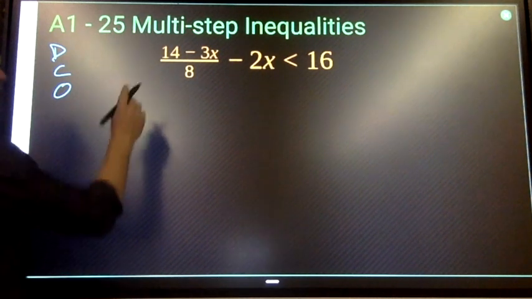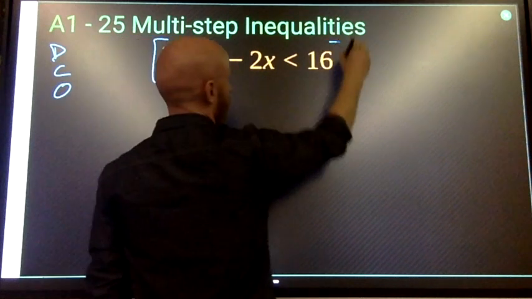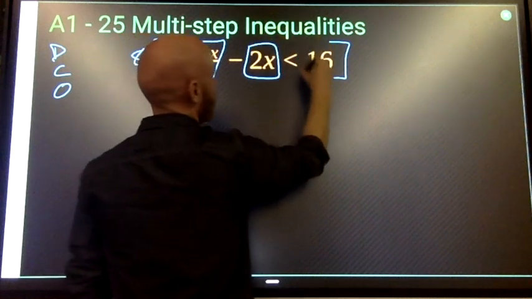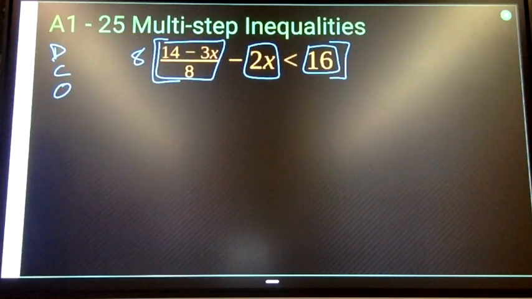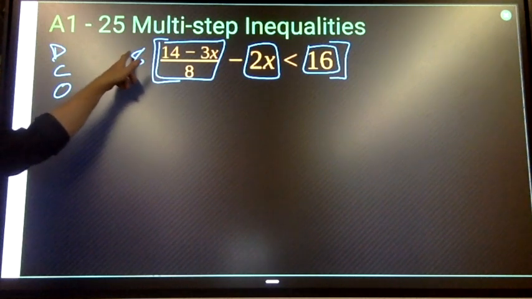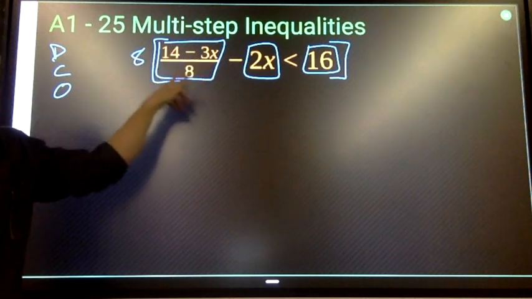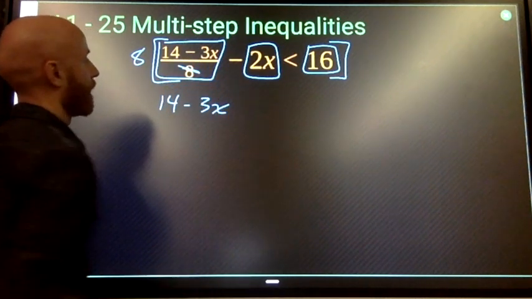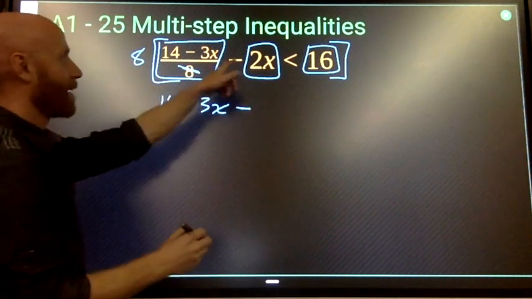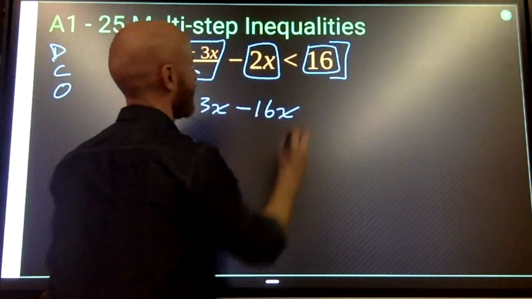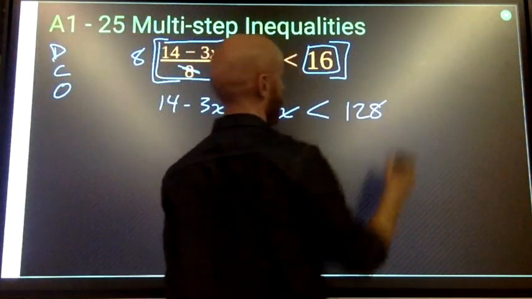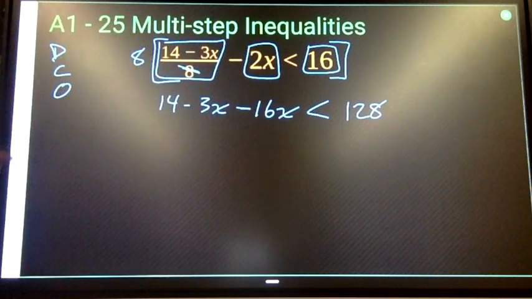Remember, one way I could distribute if I don't want to deal with fractions is I could multiply each major term in the entire inequality by 8. 8 times a fraction gets rid of the fraction. 14 minus 3x's, minus 8 times 2x, 16x's, is less than 8 times 16, 128. That's distributing.